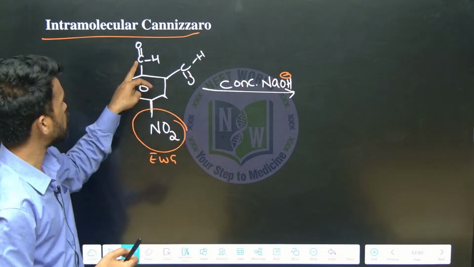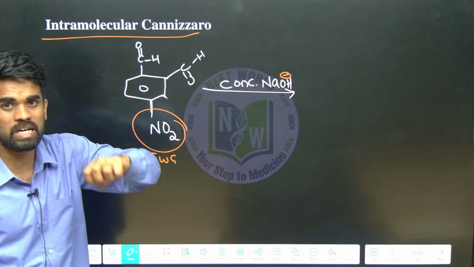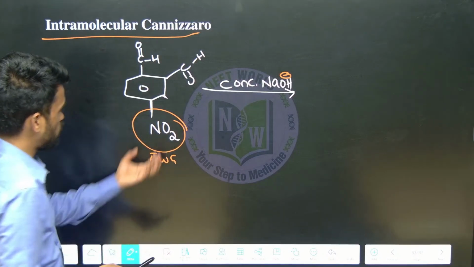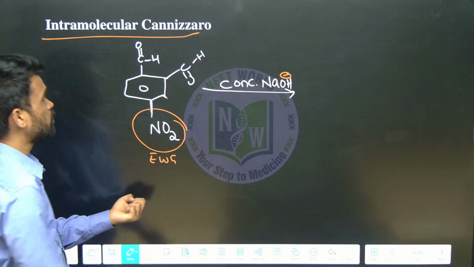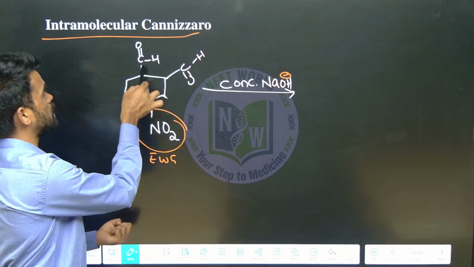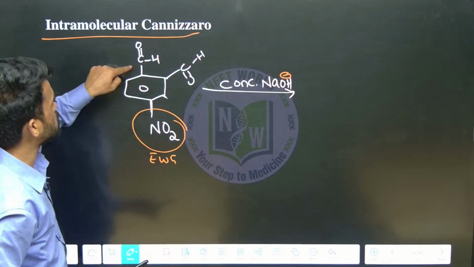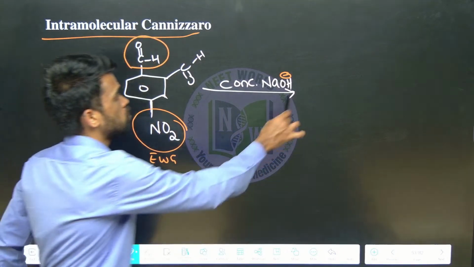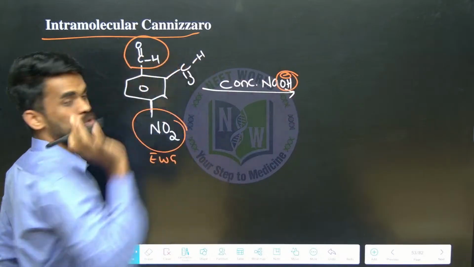Now, out of these two carbonyls, which is more electron deficient? Look at this electron withdrawing group. It will withdraw electrons from the ortho positions and the para position. Therefore, the para position carbonyl group is more electron deficient. So OH minus attacks the para position carbonyl group.